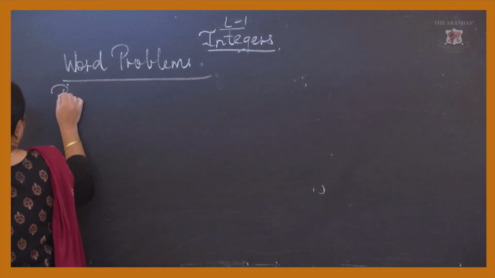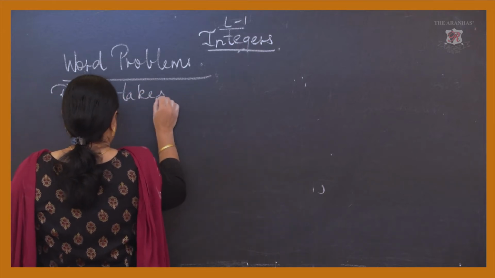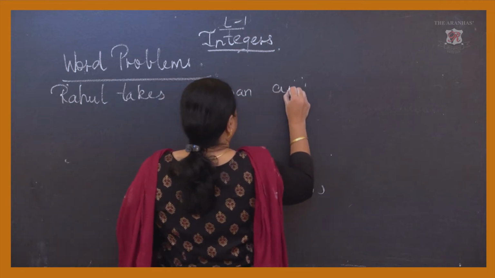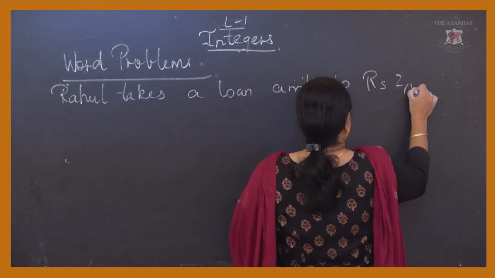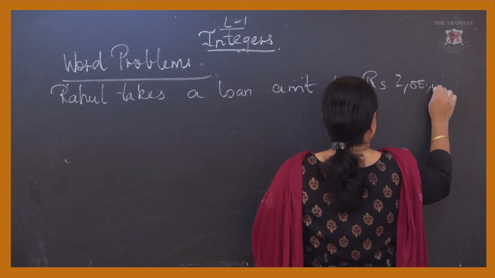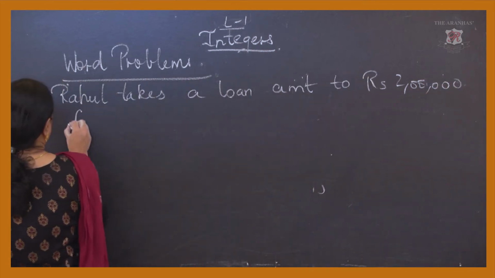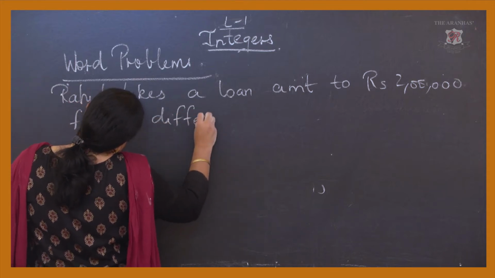Now here I am taking a sum. Rahul takes a loan which amounts to rupees 2 lakh from 4 different banks.